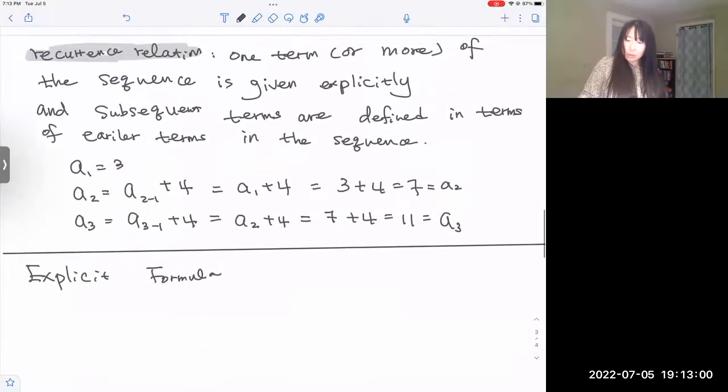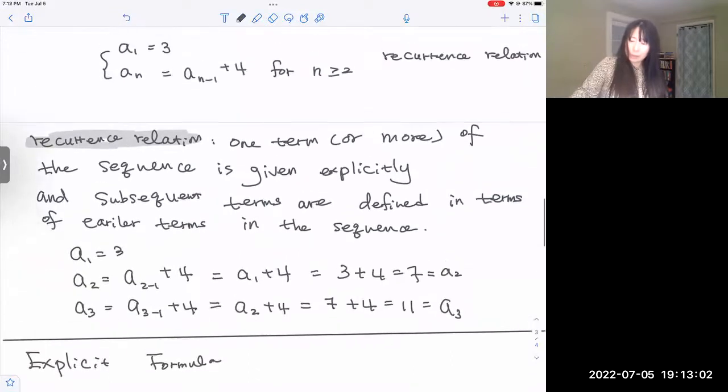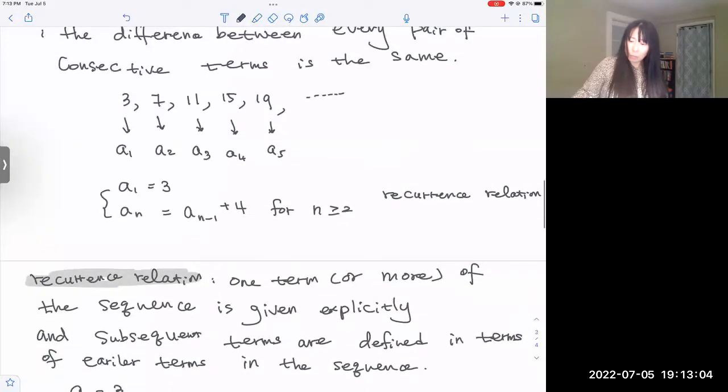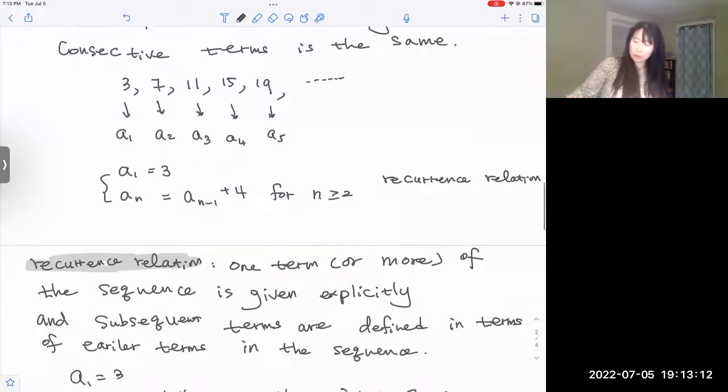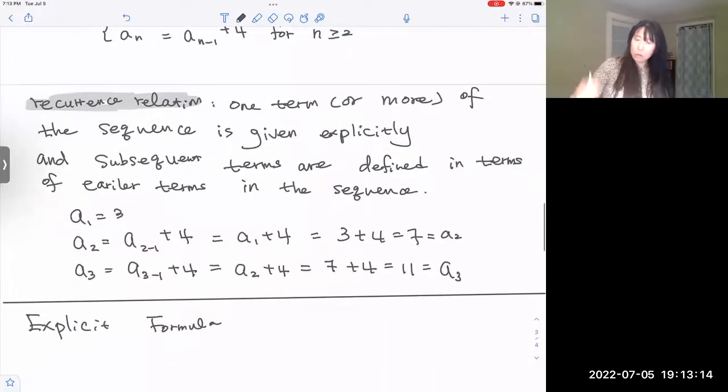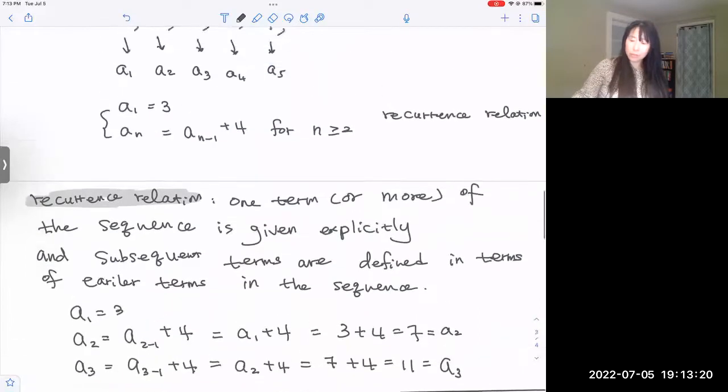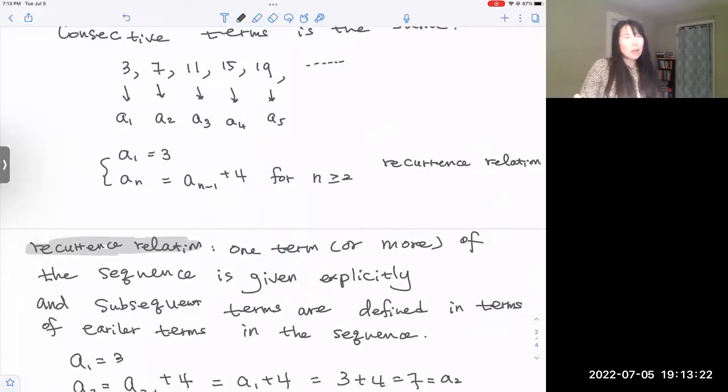Okay, so look, we have 3, 7, 11, 15, 19. Then we can create, so start at 3, right? Now we can say that it's increased by 4, right?